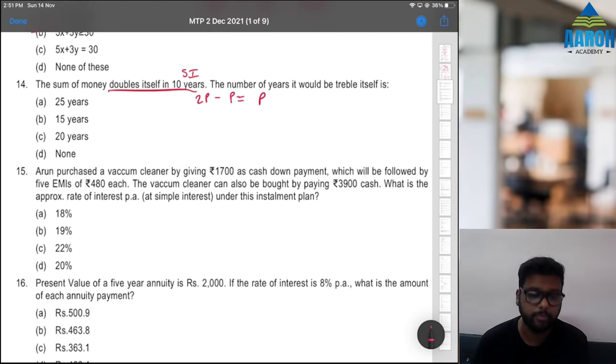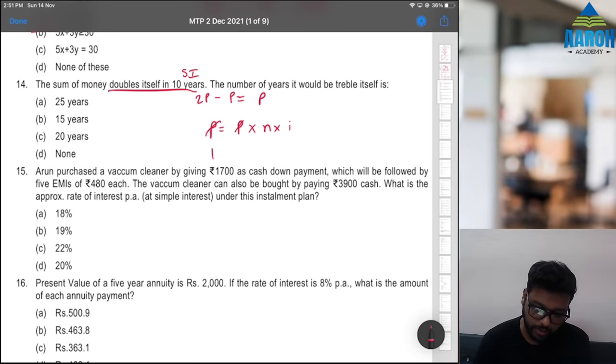So interest will also be P, right? Now we know that simple interest is equal to principal into number of years into interest rate. So PP we can cancel. So 1 is equal to N, which is 10, into I. That means I is going to be 1 by 10, which is 10%.